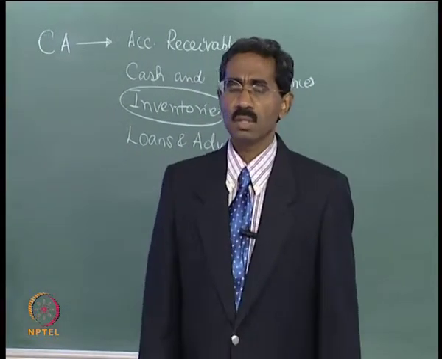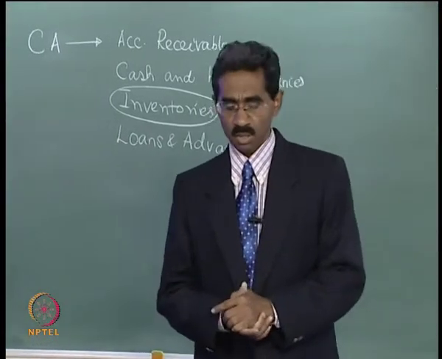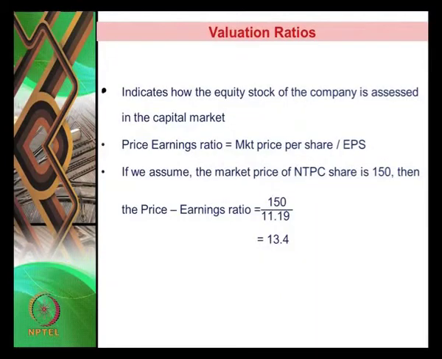Now let us look at the sixth performance parameter that we mentioned, which is your valuation. Valuation indicates how the equity stock of the company is assessed in the capital market.